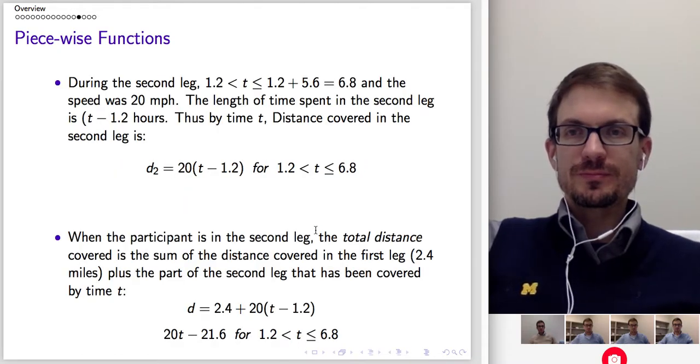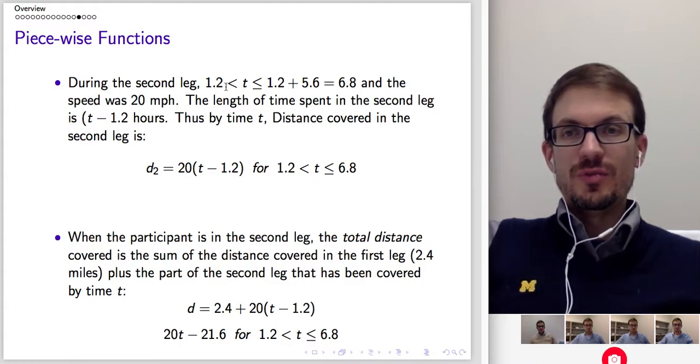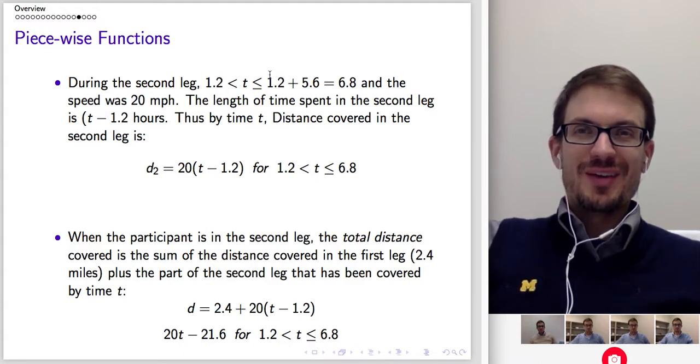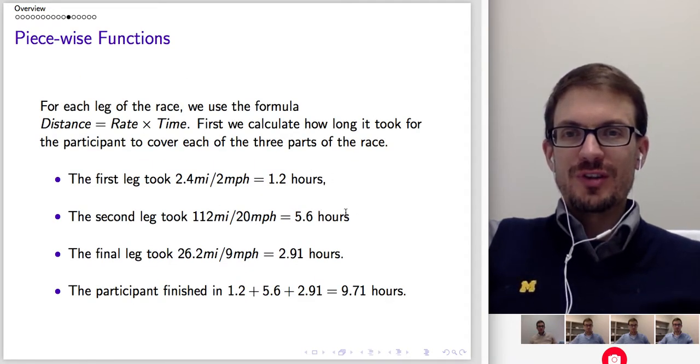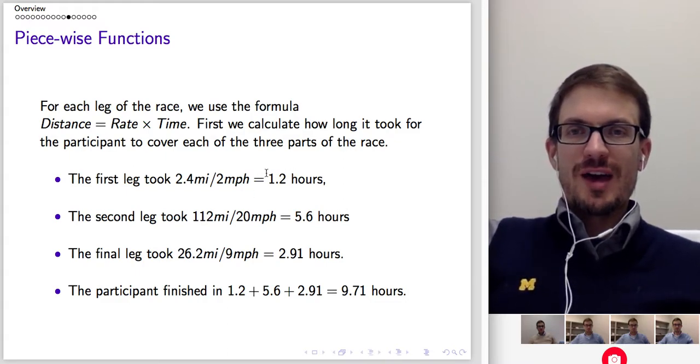Okay. During the second leg, this is between 1.2 hours and 1.2 plus 5.6 hours. Why 1.2 plus 5.6? Oh, we spent 5.6 hours on the second leg. So the second leg is going to be the time between 1.2 hours and 1.2 plus 5.6 hours.